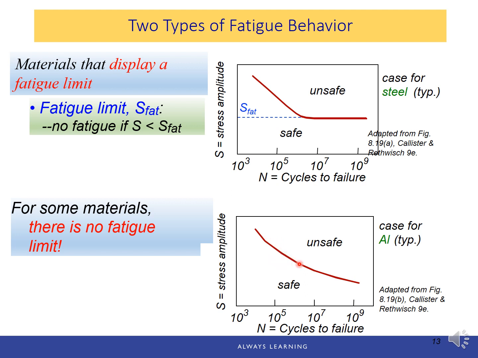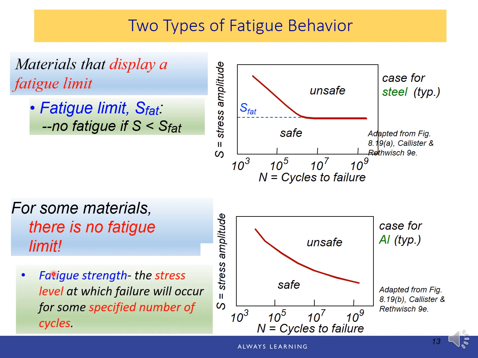And for these materials, instead of using the fatigue limit property, we have another property which is called the fatigue strength, which is defined as the stress level at which failure will occur for some specified number of cycles.